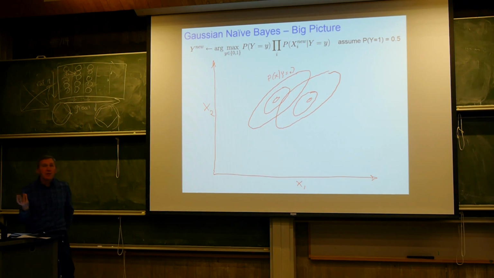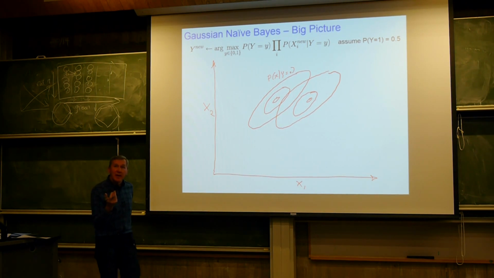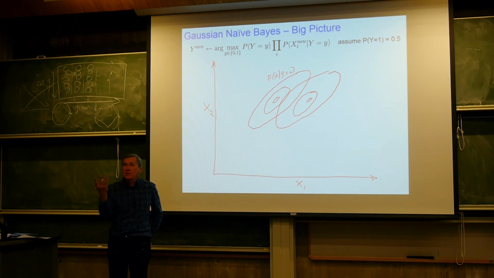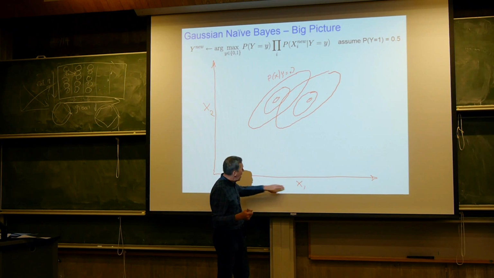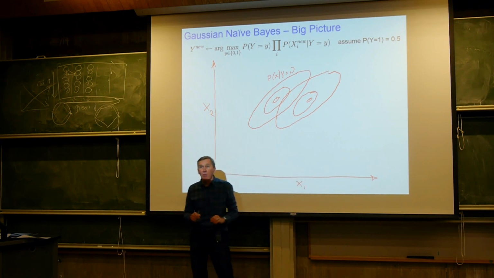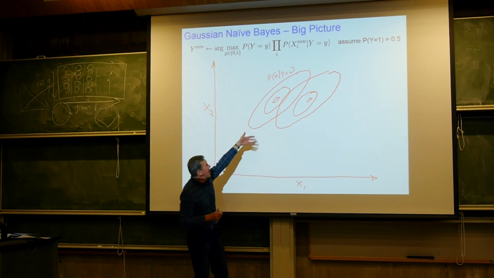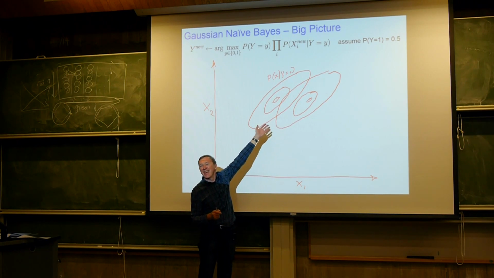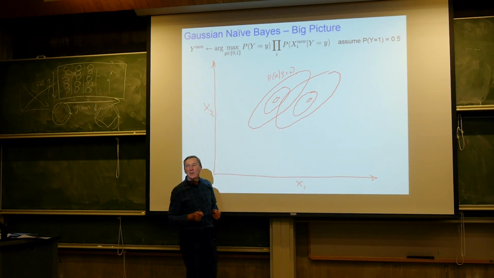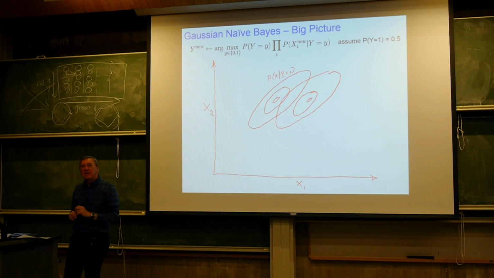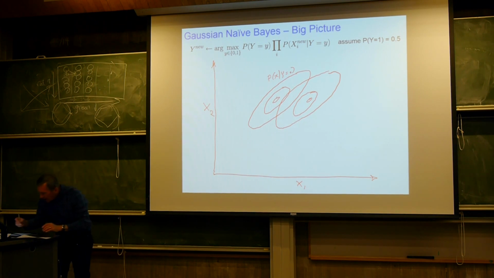Let's do as we did before. First of all, if we're going to train Gaussian naive Bayes, we have to estimate those different Gaussians, right? The probability of x1 given that y equals 0 and the probability of x1 given that y equals 1. So what will those look like if I have a bunch of data that's represented? Suppose I have infinite training data that represents these two distributions.